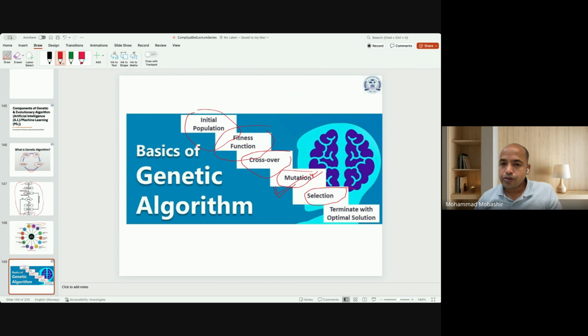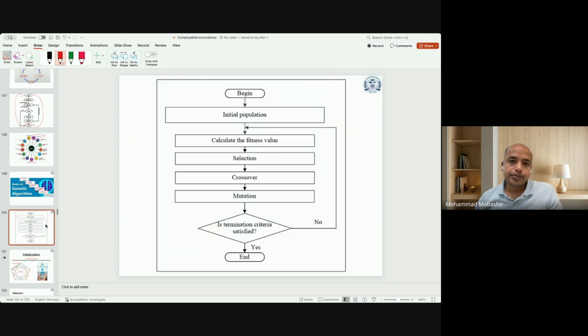But instead of mutation, you can train your system in the way you want. Then finally, after a number of loops, you reach the stage when you achieve the optimal solution you want. And here is another way of presenting the genetic algorithm. So this is a clear-cut picture of the genetic algorithm.